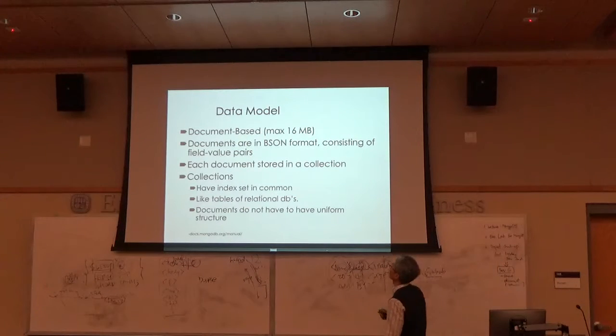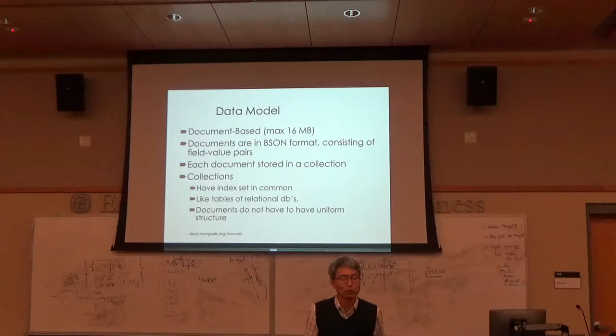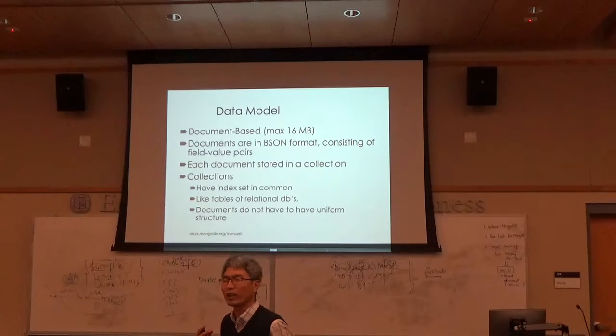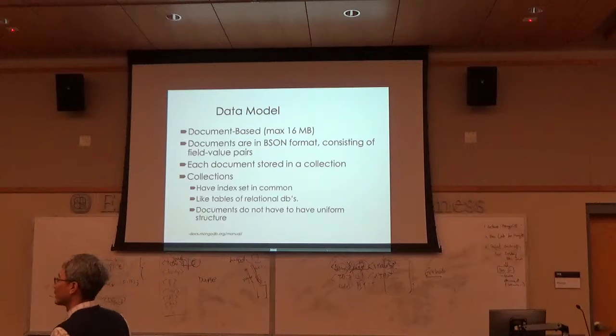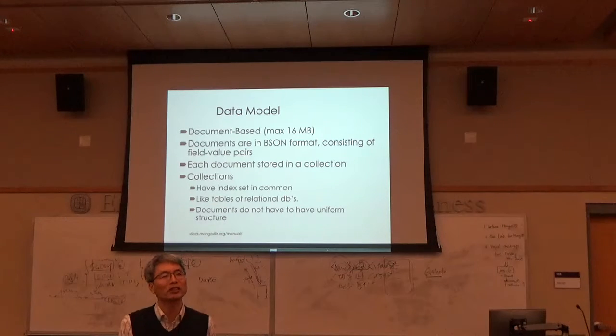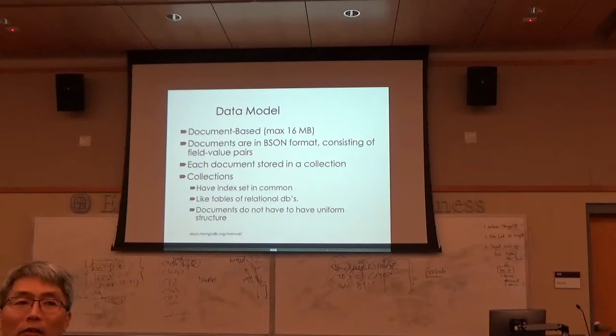For the data model, it's document based. Maximum each document is 16 megabytes, which is the limitation of what? Can you guess? The BSON file, so it's limited by the requirement of the JSON and BSON file.